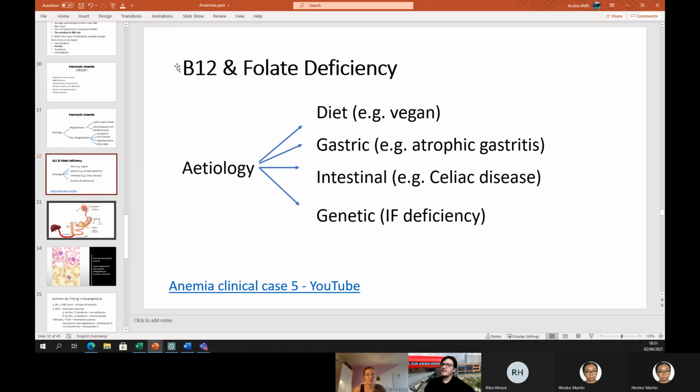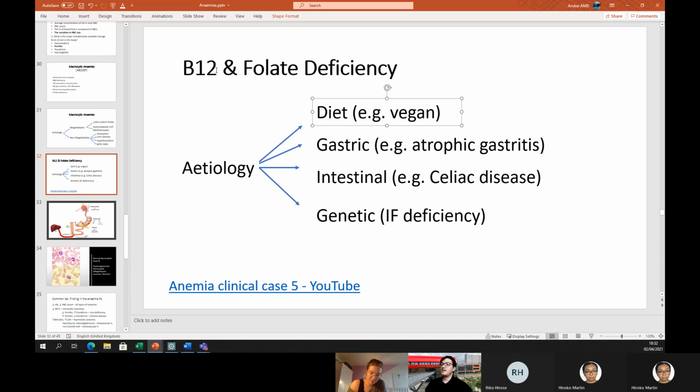So just quickly, B12 and folate deficiency, like you mentioned at the very beginning, could be due to a bad diet. Vegans are more prone to getting B12 deficiency because they have a poorly planned diet, and it can be easily fixed with supplements.